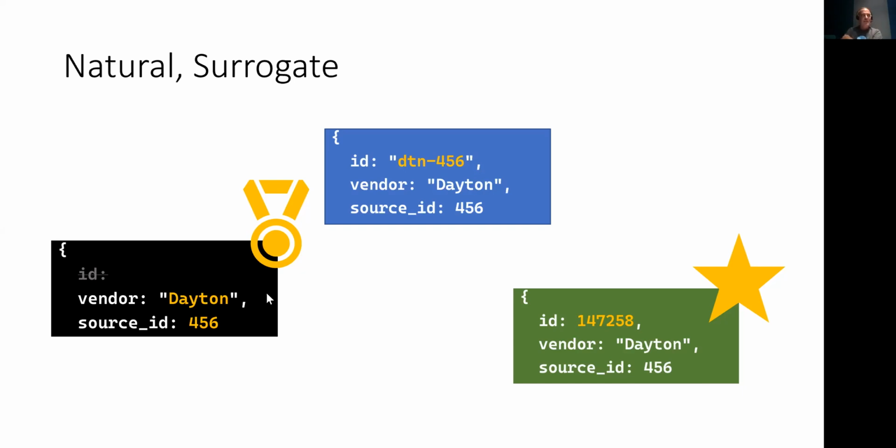The reason for that is that the data is meaningful in the source of truth. That natural key is natural. It is a natural part of the data. It reduces the amount of joins I have to do. If you see this record here with a vendor Dayton, I can say, query me all products with a vendor Dayton.